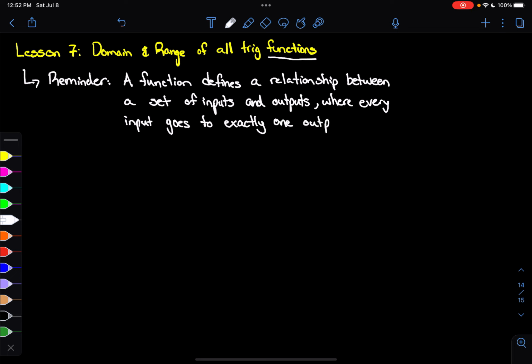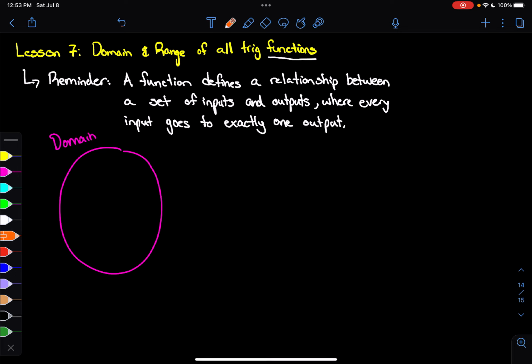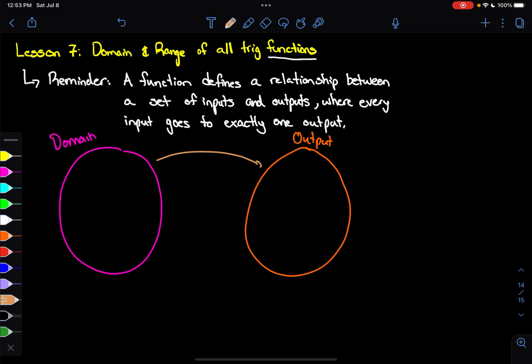Okay. And the way that I kind of think about this, right? So typically you can create a little bubble here that represents, say, the domain of a function. This is our collection of input values, and maybe our collection of output values is over here. And we can think of a function as the path that takes you from one to the other.